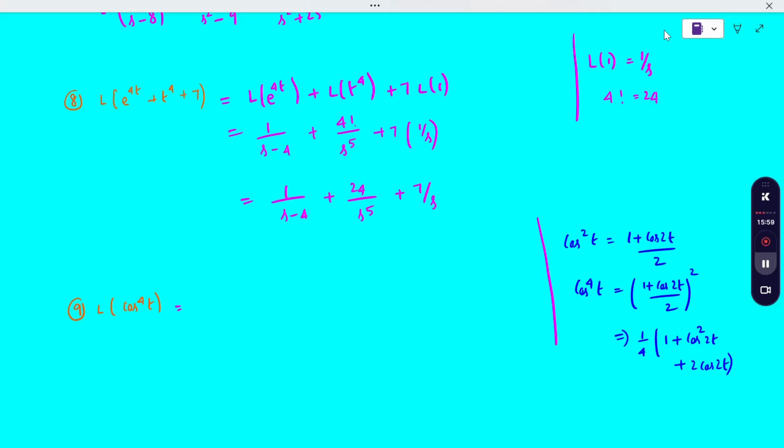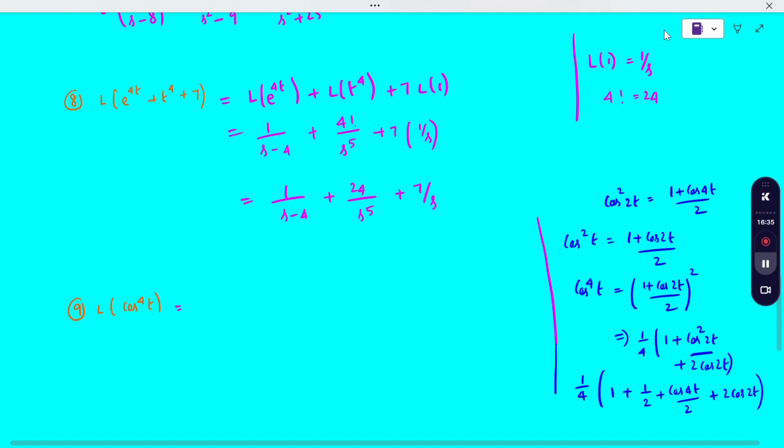Now 1 by 4 times cos squared 2t, which is nothing but 1 plus cos 4t divided by 2. So 1 plus cos squared 2t, where cos squared 2t is 1 plus cos 4t divided by 2, I will apply this. So 1 plus 1 by 2 plus cos 4t by 2 plus 2 cos 2t. 1 plus 1 by 2 is 3 by 2.